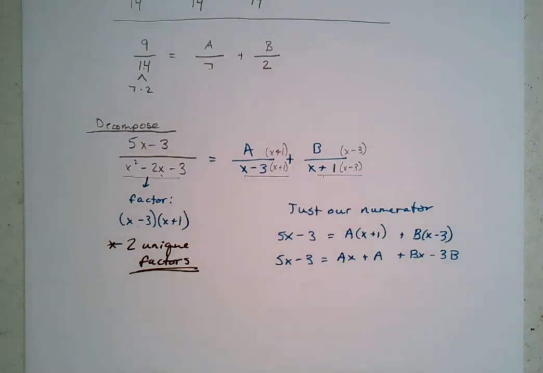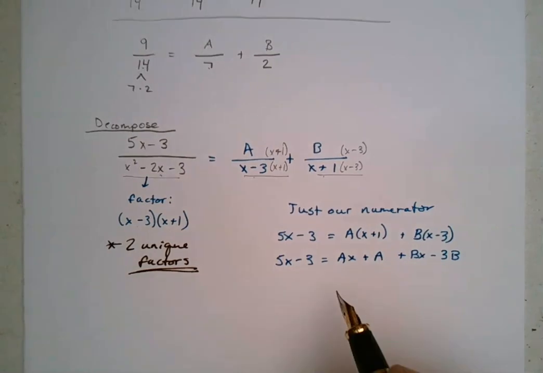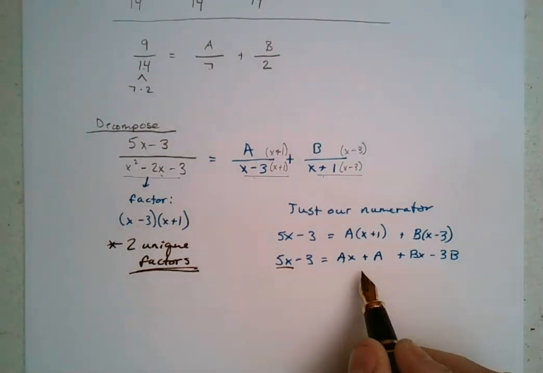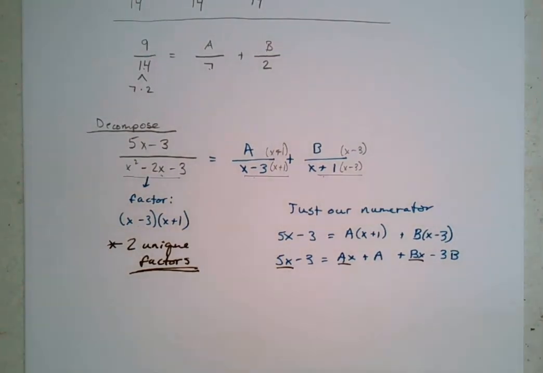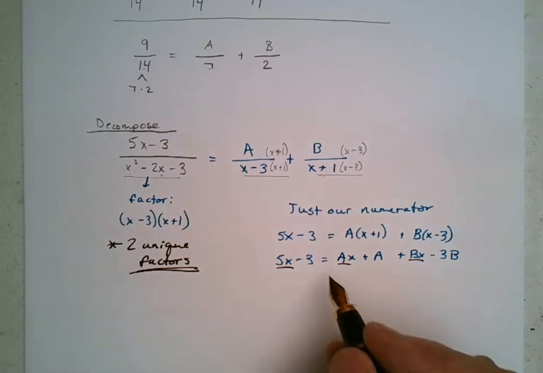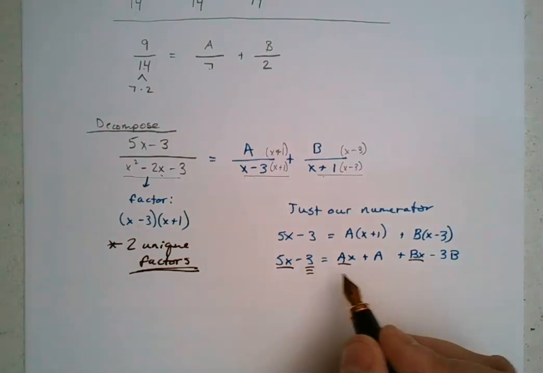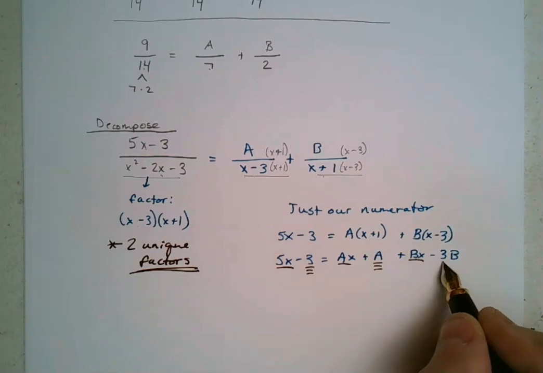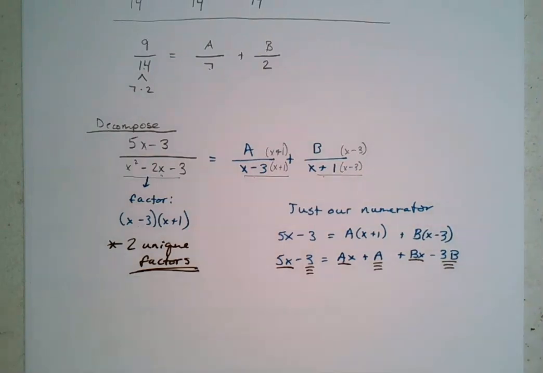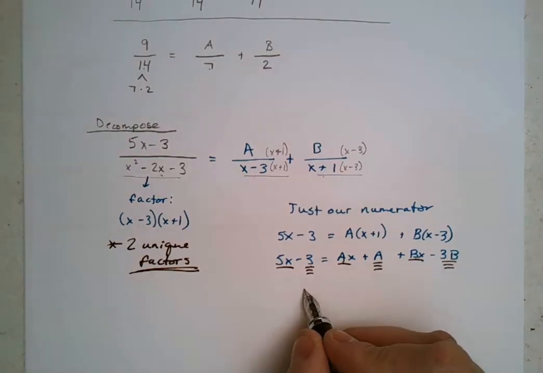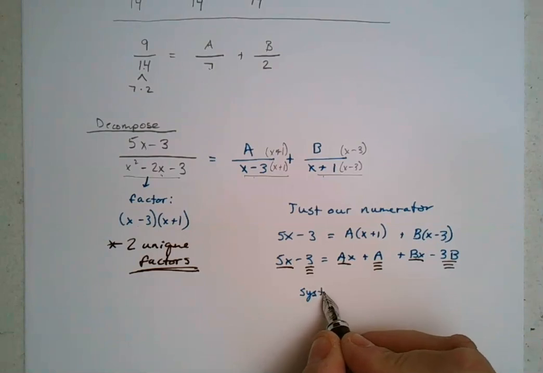Now I'm going to play a little trick. If I look at this equation, those three terms are like terms. Similarly, these three terms are like terms. So what I'm going to do is set up a system of equations.